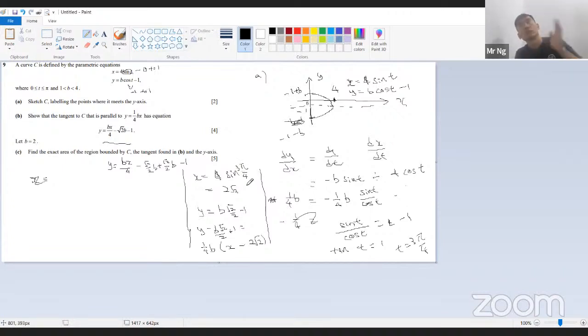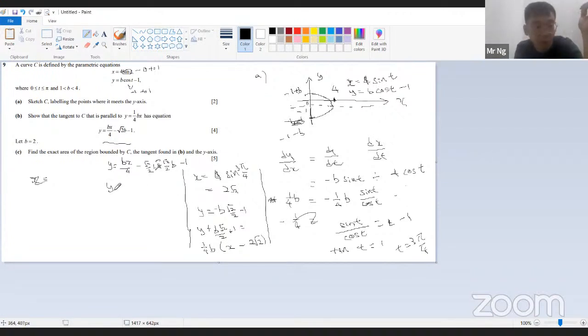So still this. Then after that, this one 3 pi over 4. Some negative here. Okay, so it becomes positive minus this thing. Then after that, bring over, become minus. Okay, this one I'm using the y minus y1 equals m bracket x minus x1, equation of a line.